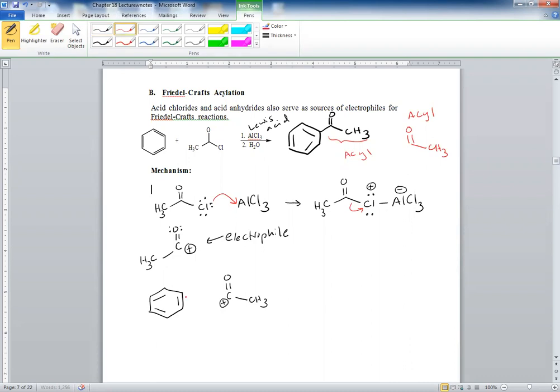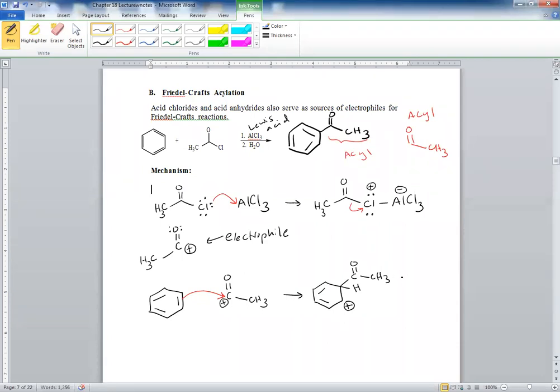So your benzene attacks at that carbon, forming the following. And of course, there's the H right there. Positive is right there, the carbocation.